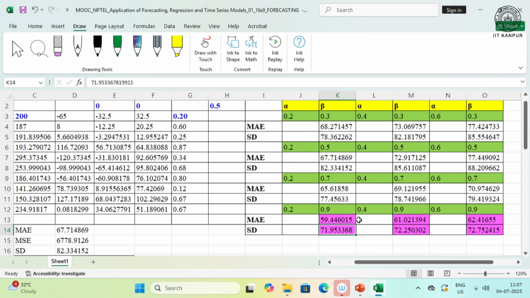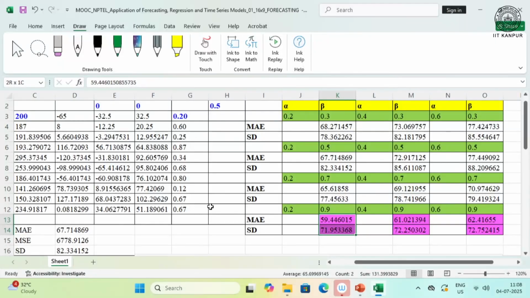Now, if you consider all the other values, this is the minimum, as I said, for the instances of the problems which have been plotted, considering alpha changes from 0.2 to 0.4 to 0.6 and beta changes from 0.3 to 0.5 to 0.7 to 0.9. And remember the fact that beta has to be between 0 and 1 and alpha also has to be between 0 and 1, because the weights alpha plus 1 minus alpha is equal to 1.